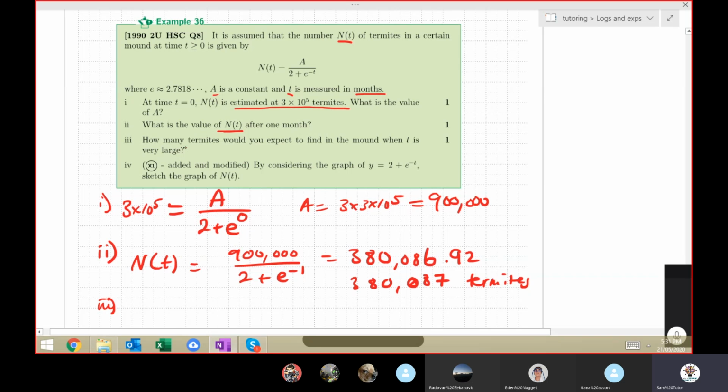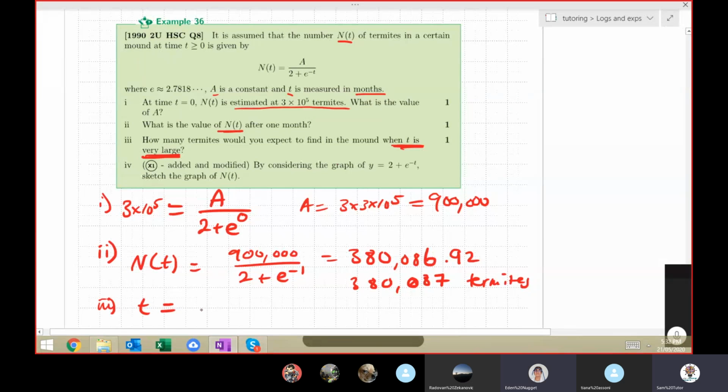Part iii. How many termites would you expect to find in a mound when t is very large? What does that mean, when t is very large? What do you think they're trying to tell you? T is what? Very large. We will work out the number of termites, but when t is very large, what does that mean for t?